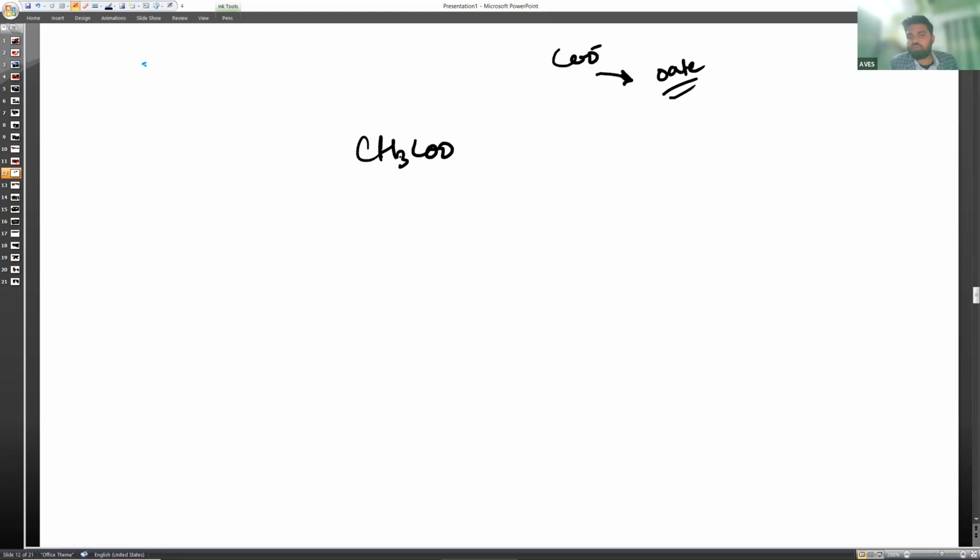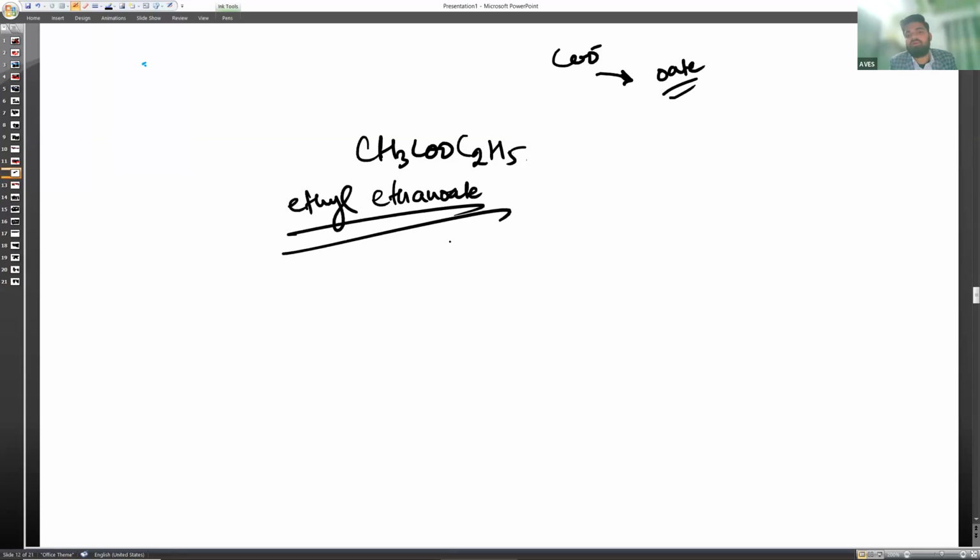This is a 2-carbon carboxylate ion, so its name will be ethanoate. And if you add Na here, you will write sodium ethanoate. If you write C2H5, the name of C2H5 is ethyl, so the name is ethyl ethanoate. If instead of this you write CH3, you will write methyl ethanoate. So whatever you are adding here, you have to mention the name here. If it is ethyl C2H5, the name is ethyl ethanoate. Okay, you understood now?